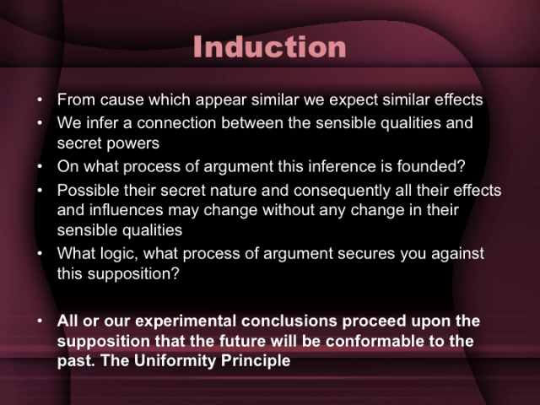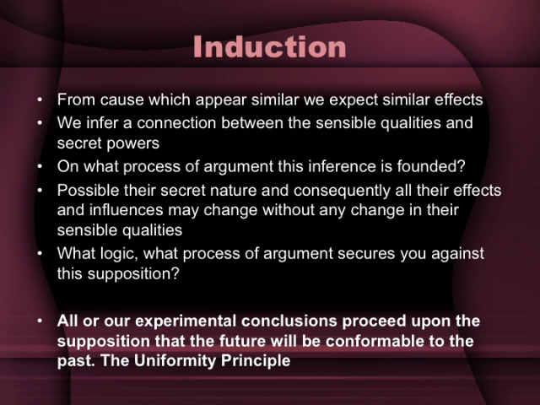But we have no guarantee against the uniformity principle changing. The sensible qualities can remain the same. We see the same thing, we sense the same thing, but something entirely different happens. I grab the same piece of bread, it's the same consistency, it's the same old day-old bread, I eat it and I'm not nourished. What guarantee do we have of this uniformity principle?